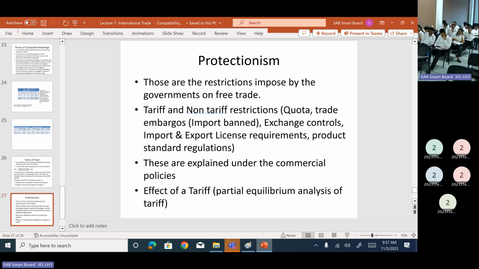So finally, we'll talk about protectionism. Now we have talked about all these theories of international trade: absolute advantage, comparative advantage. There is another version, the Heckscher-Ohlin theory, and another, the Samuelson theory.